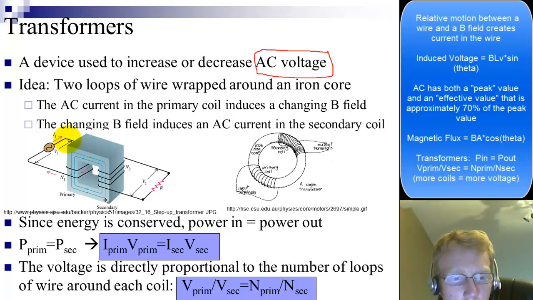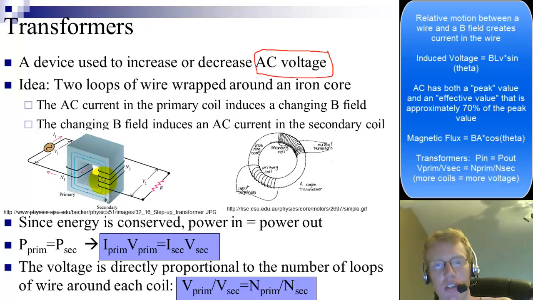You've got the primary coil on one side, which has loops of wire, and when you turn the current on and off, on and off, it creates a magnetic field that alternates back and forth here. And if you have an iron core that transmits magnetic field inside of itself really well, because it's a ferromagnetic material, then that magnetic field that's on and off or alternating in direction is going to be over here as well in this part of the iron core.